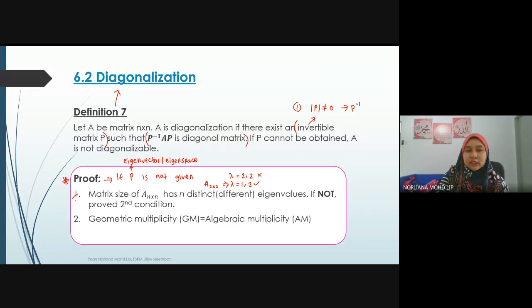Okay, second condition prove the geometric multiplicity GM is equal to the algebraic multiplicity. So untuk geometric multiplicity ni dia depend kepada basis yang kita belajar sebelum ni kan. Basis for eigenspace.